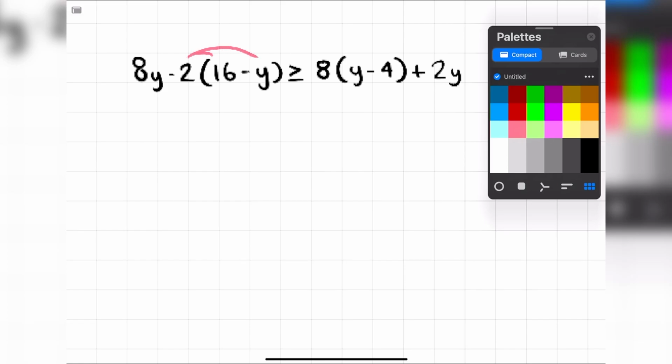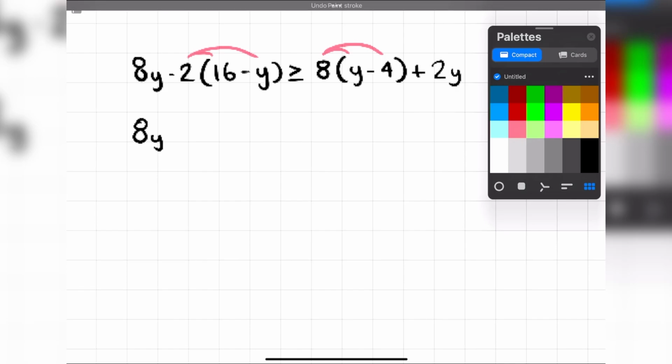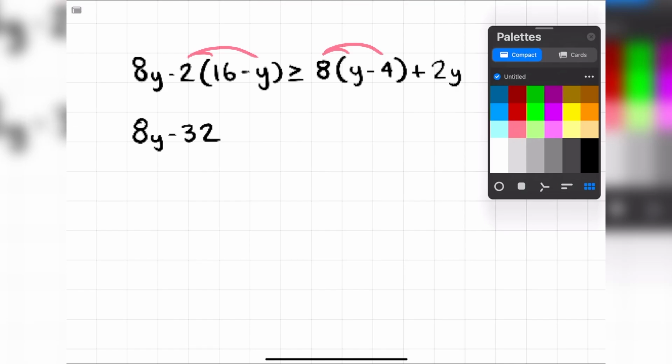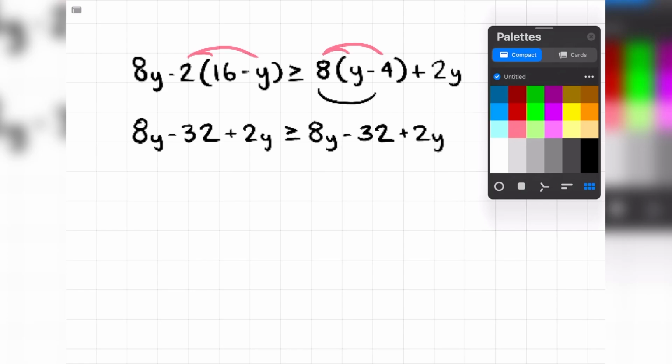So we're going to distribute these guys. Then we're also going to distribute these guys. So 8y, negative 2 times 16 is negative 32. Negative 2 times negative y is positive 2y, which is all greater than or equal to 8 times y is 8y, and 8 times negative 4 is negative 32, plus 2y.